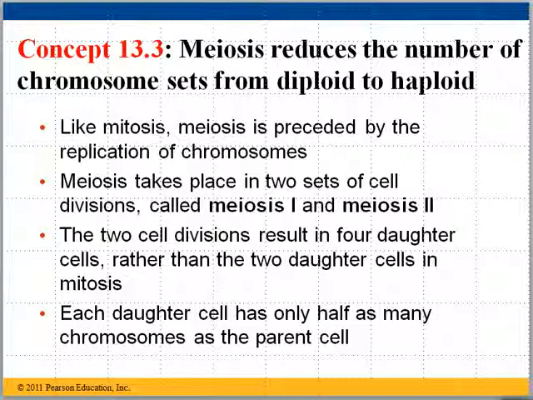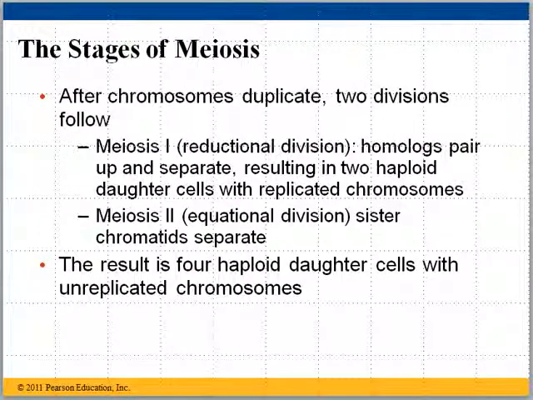And the big difference is that each of these daughter cells only has half as many chromosomes as the parent cell. So in mitosis, you ended up with 2 daughter cells that have the full set. In meiosis, you're going to end up with 4 daughter cells, each of them having half a set of chromosomes. And then there's some other details that make it important. We'll get into that as well.